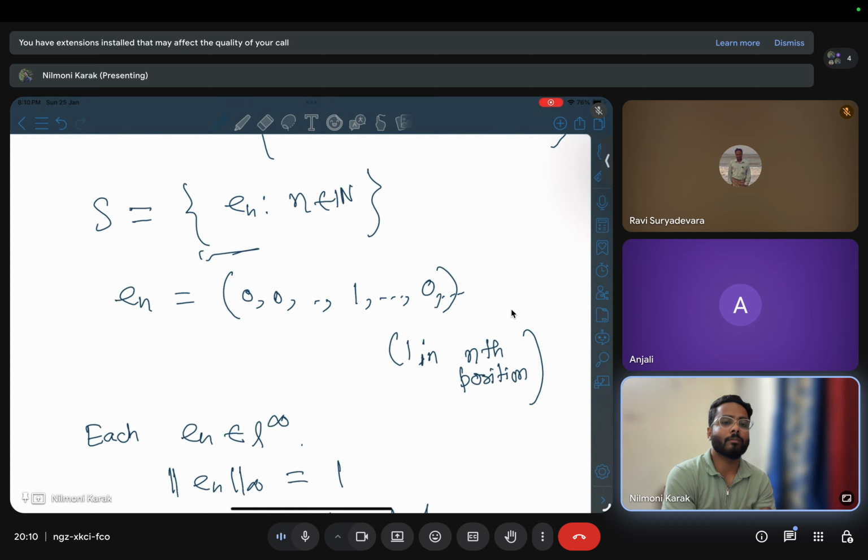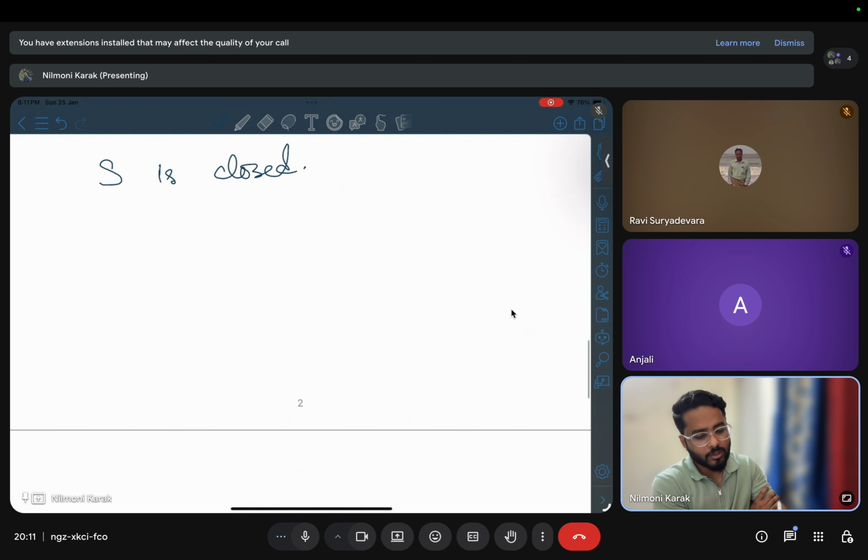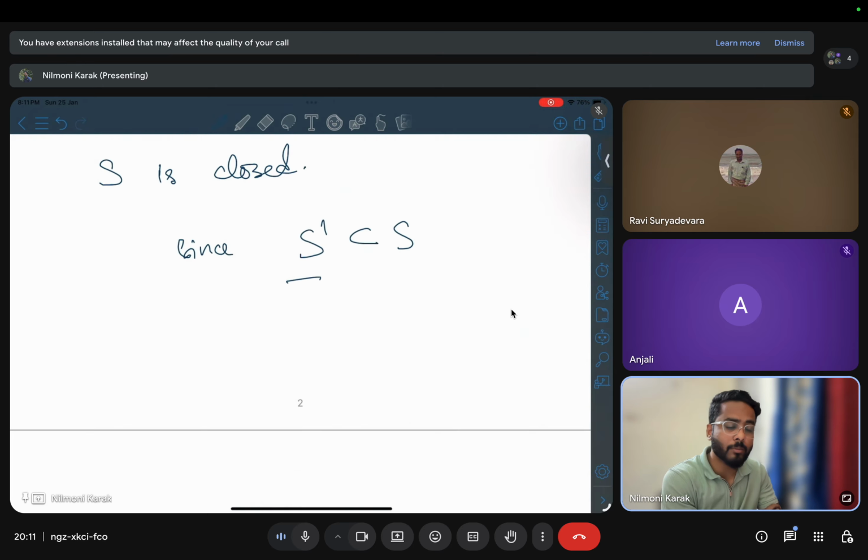See, first of all, the definition of a closed set: the derived set, which is the set of all limit points, should be contained in that set, and only then is the set closed. Here S is closed means S derived is in S, but S derived is actually phi.